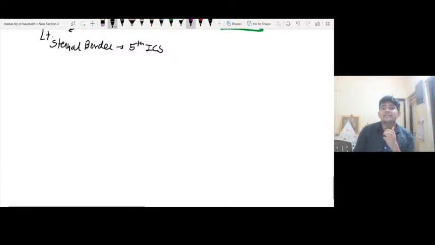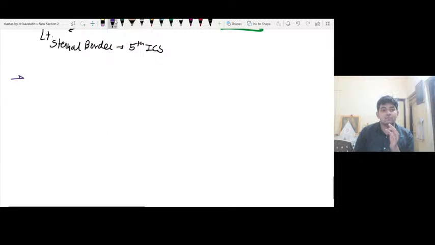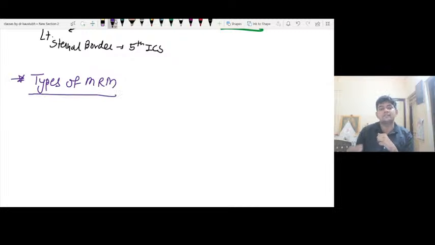Last but not the least about this specific surgery is the types of MRM. So if I take modified radical mastectomy, there are types of MRM. This is what is basically being checked in the MCQ that I have shown at the start of this video itself. So now, based on what are these types basically taken?